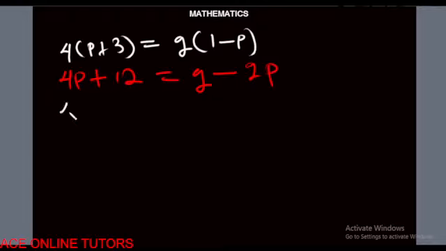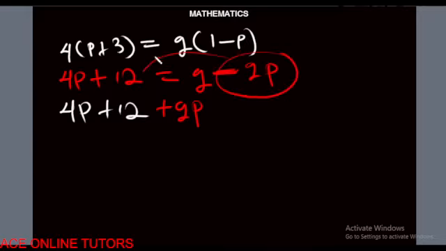What you are going to have is what? 4p plus 12. Then we are bringing this, so it becomes plus qp, because it's minus qp before. So you can just easily remove it from here and bring it here to become plus qp. So then this is going to be equal to q.